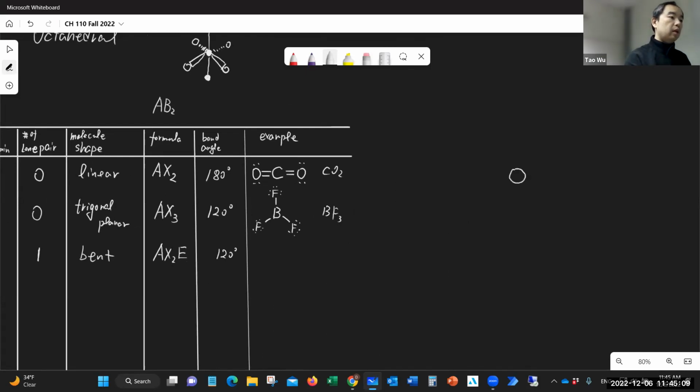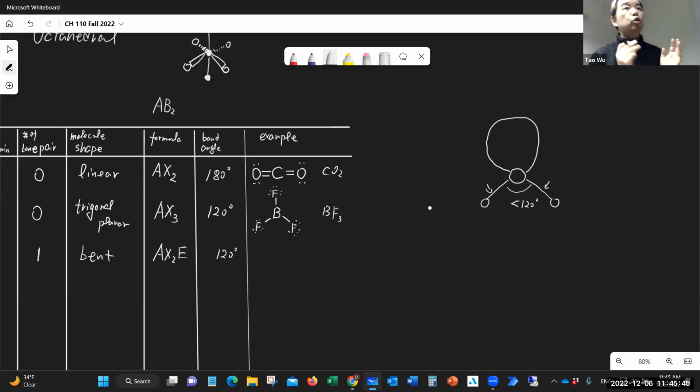If you have the central atom over here, and the electron lone pair, since it has 2 electrons, it probably occupies bigger space. And then it is kind of pushing those 2 bonds a little bit inward. Originally the bonds should be 120, but since the lone pair is pushing the bonds a little bit inside, this angle is a little bit smaller than 120. You don't have to know exactly what the degree is, but it should be a little bit smaller than 120. That makes sense? Okay.